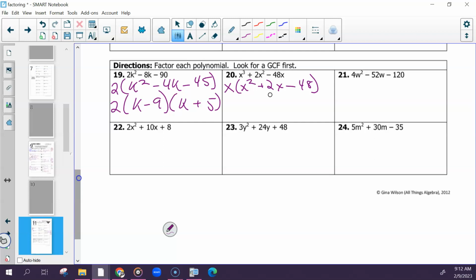For here? No, because we only took out x. Would negative 8 plus 6 give us positive 2? So x minus 6 and x plus 8.